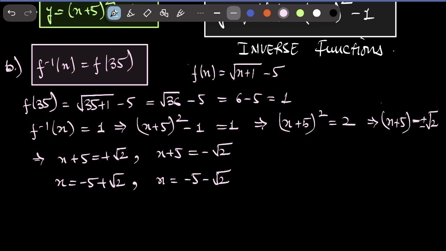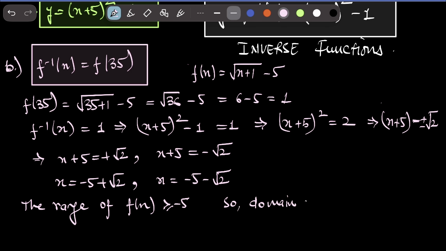So now we need to understand that the range of f of x is always greater than or equals to minus 5. So domain of f inverse x becomes greater than or equals to minus 5, right?